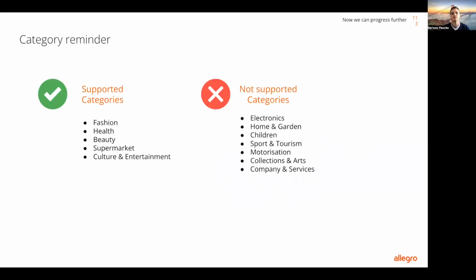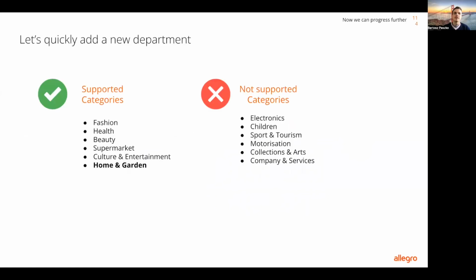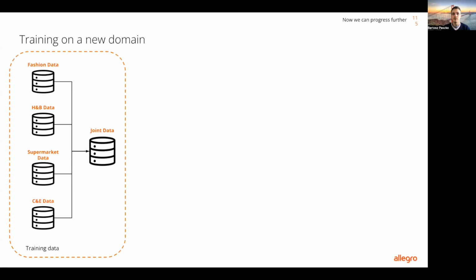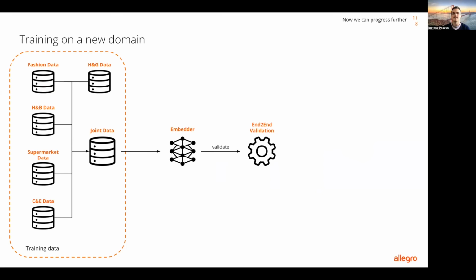So to finish up my speech, I'll just quickly show you how easily we are enlarging the offer range now. Lately we included home and garden in the supported family. And starting from the previous datasets, we attached one more for home and garden. Again, we trained a single embedder while constantly validating it with the end-to-end model.